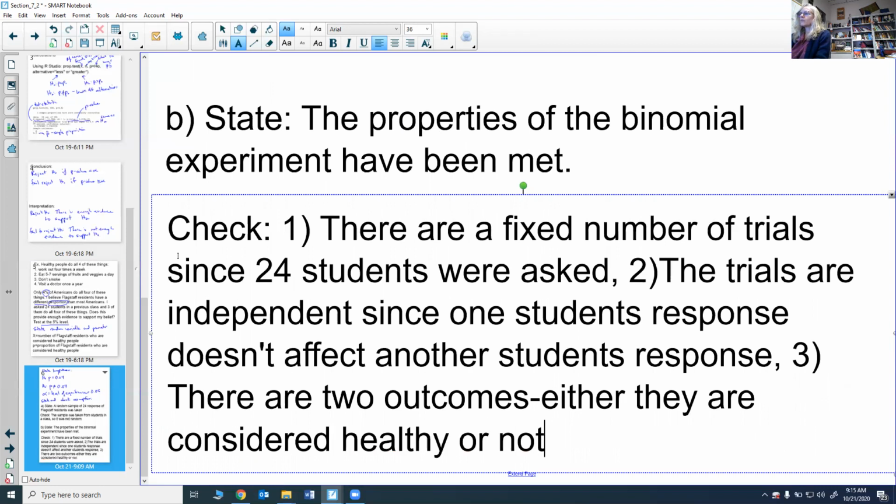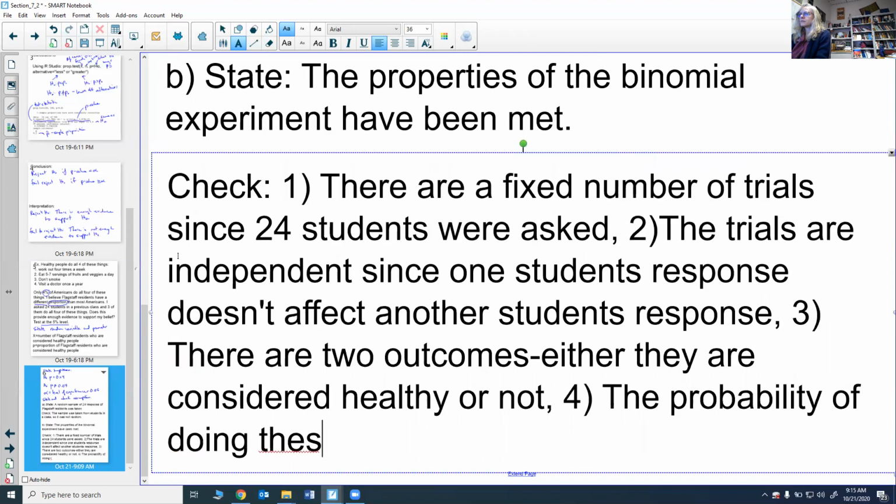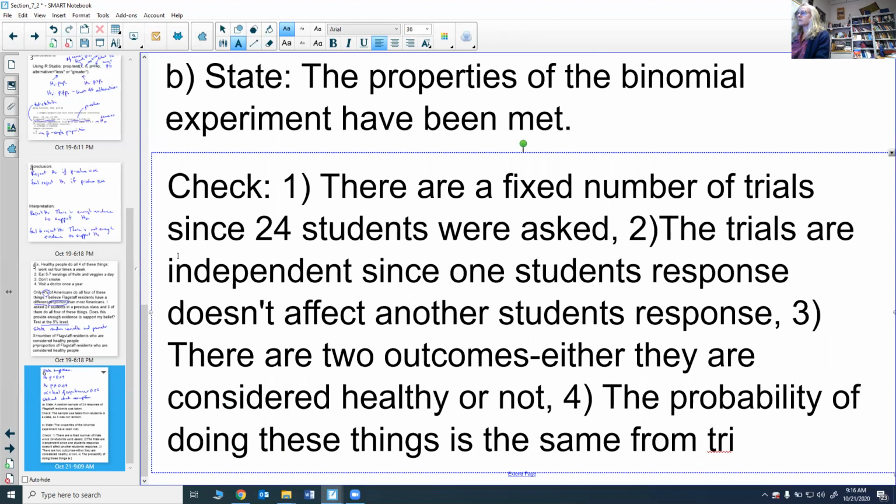And then the last one was that the probability of success of doing those things is the same from trial to trial.